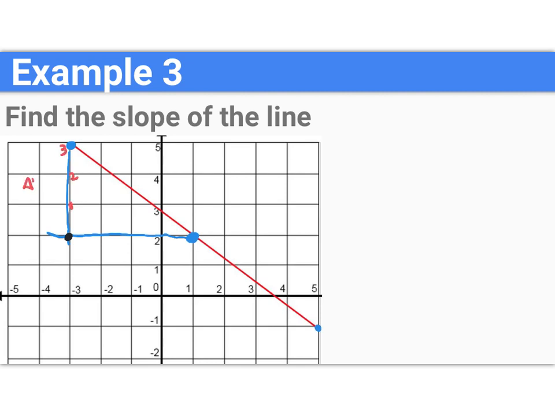So the change in y is 3, and the change in x counting from the black is 1, 2, 3, 4. So the change in x equals 4. And so the slope of the line is the change in y divided by the change in x. And we have 3 over 4, or 0.75. And that's how you find the slope of the line.